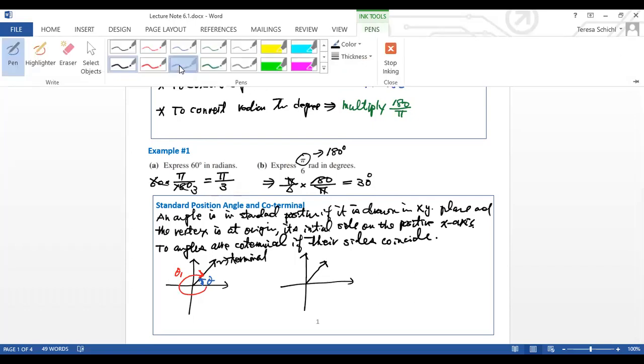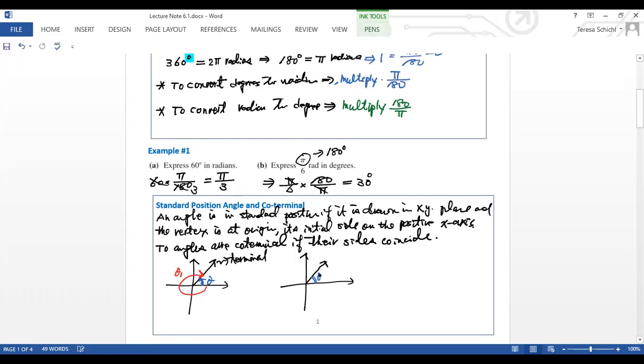If this is my theta and I have another angle, I'll use the green one, starting the same way and going around here, then theta 1 and theta are coterminal. That means you can always turn around 360 degrees and you always get a coterminal angle.